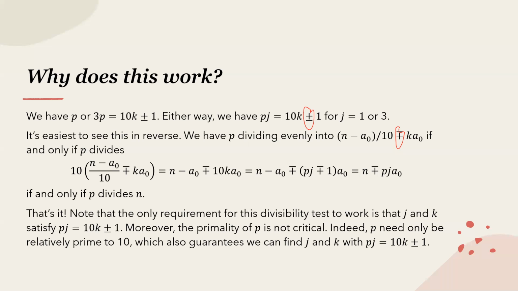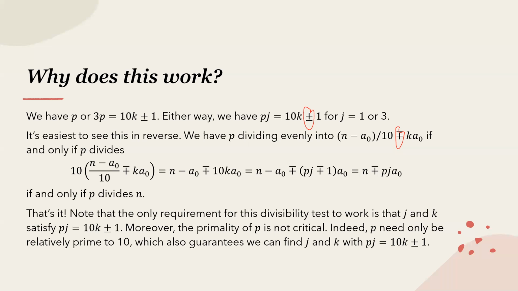Multiplying by 10 doesn't ruin divisibility at all. 10 is not going to help divisibility happen. If I multiply by 10 again, it's still not going to help. The determiner of divisibility is that other thing.